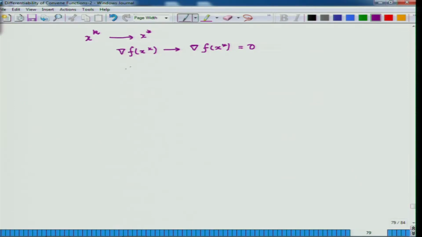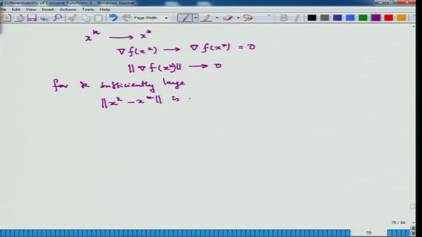Which means that norm of grad f x k, again by continuity of the norm, goes to 0, which means that for k sufficiently large, it is indeed small.